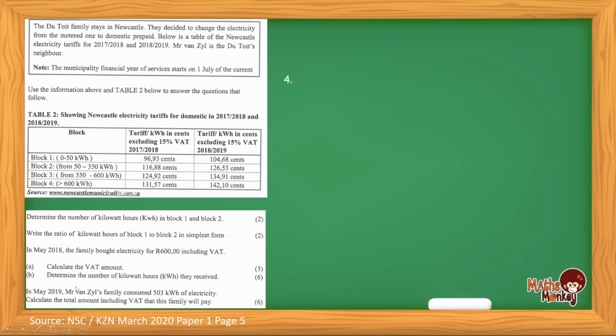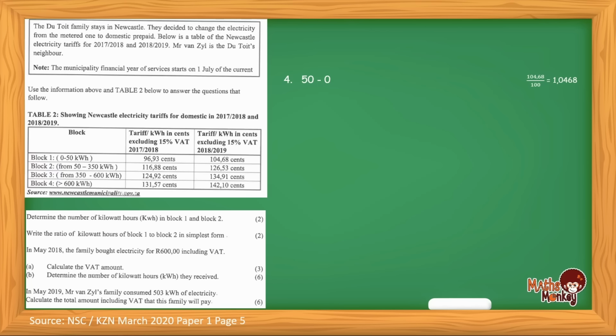Okay, so firstly, we're going to pay attention: what units am I using? This is in May 2019, which means we are looking at these values here. So again, we start with block 1. We say 50 minus 0. That gives us a total of 50 units.